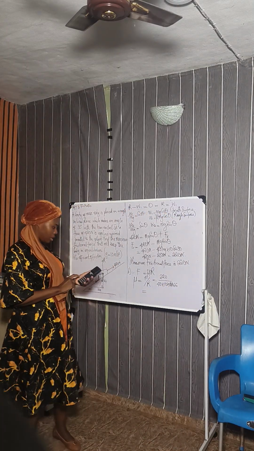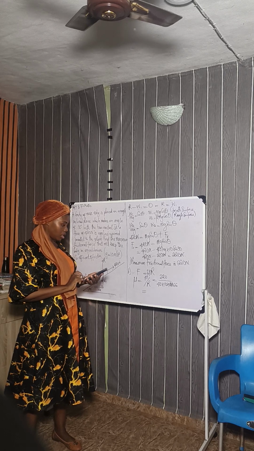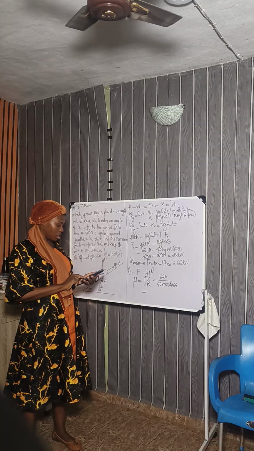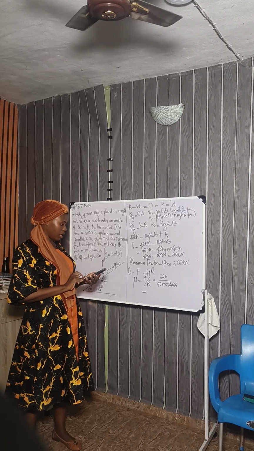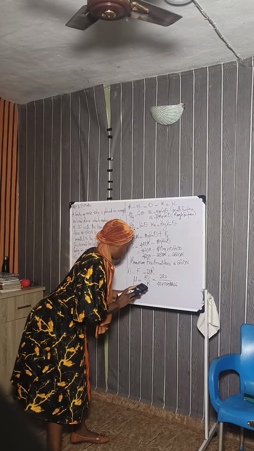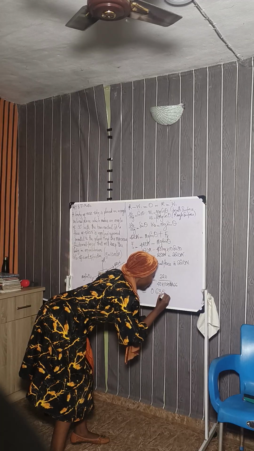So we have 400 times 0.866. That's it. 220 divided by the answer, we have 0.635.